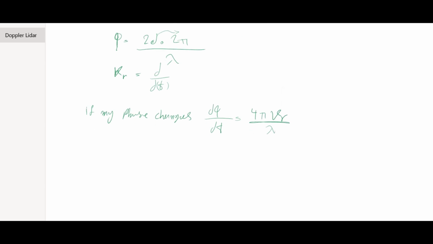And finally my Doppler velocity, or frequency shift, is going to be 1 over 2 pi multiplied by the phase shift. I would receive something like this: 4 pi velocity r over 2 pi, and it would be 2 times radial velocity divided by lambda.